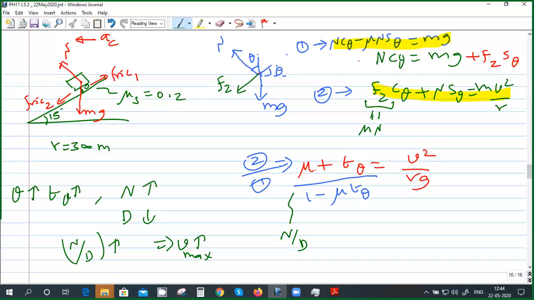The direction of friction force will also change, because the block tries to slide down because of its weight. There are two forces: one is the component of mass, which is down the plane, and then the friction force. Okay, I'll come back to you if you don't understand.